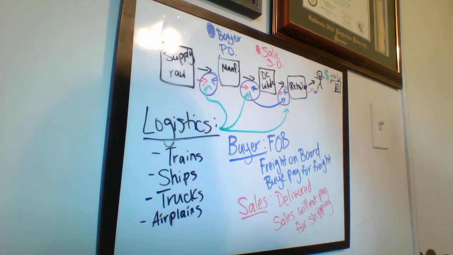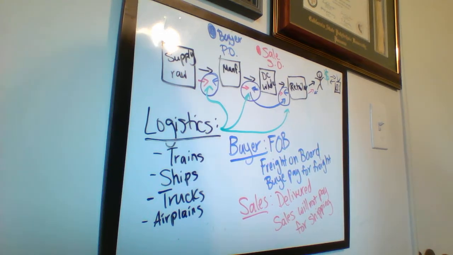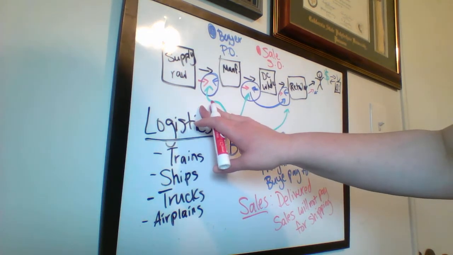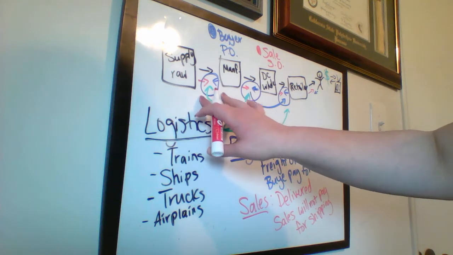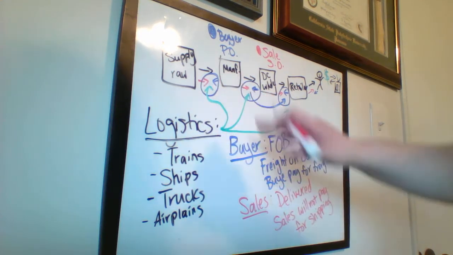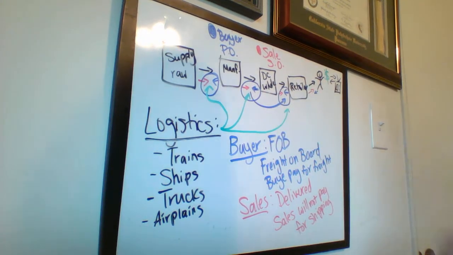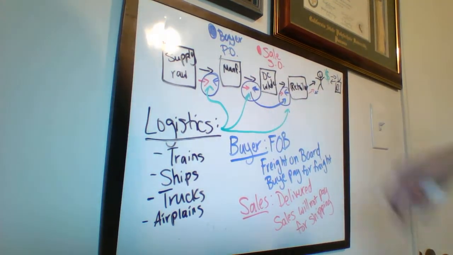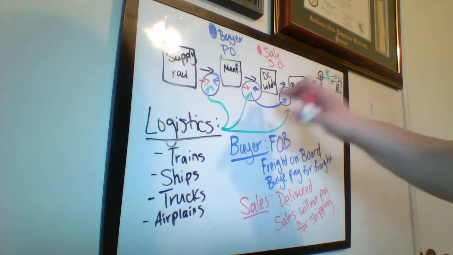This is how we look at the entire supply chain, from every one of these transactions where a buyer and seller come together to make an agreement: supplier and manufacturer, manufacturer to distribution center or wholesaler, or manufacturer directly to retailer. Each one of these is a different business entity.